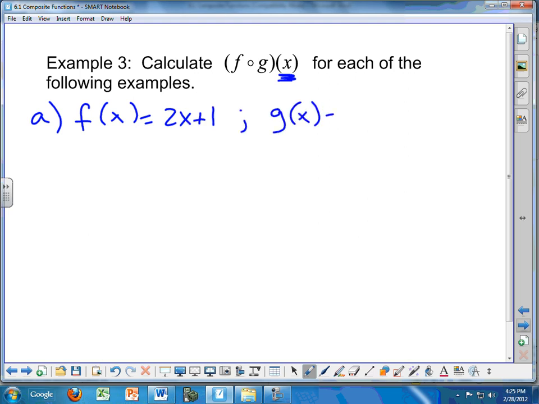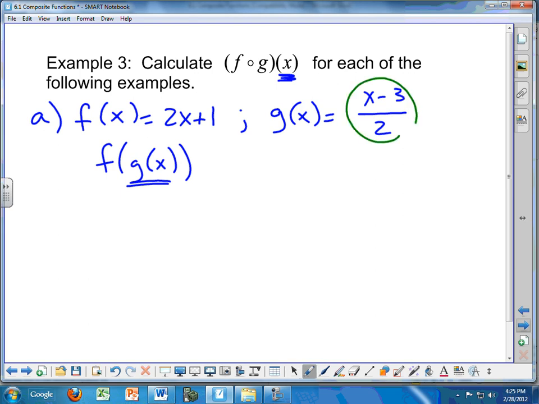G of x is x minus 3 all over 2. Now, if I'm going to put f of g of x, that means the g function is being placed in the f function. So drawing the picture here, that means this guy is going right there.